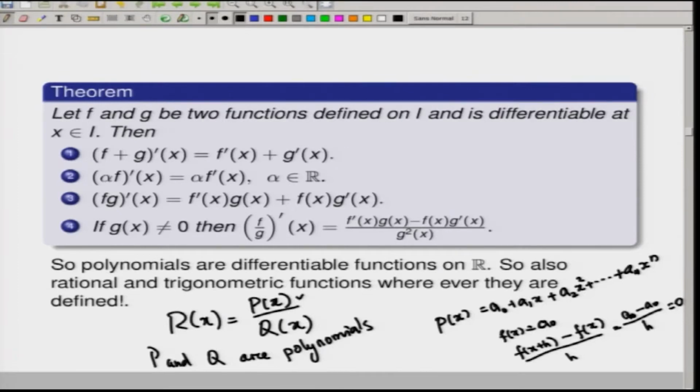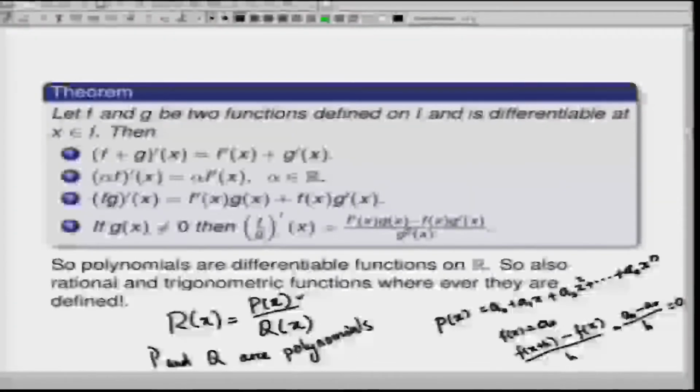Now obviously, the way we have proved that sin x is differentiable, you can prove that cos x is also differentiable. Once you prove that sin x and cos x are differentiable, then you can prove all trigonometric functions are differentiable wherever they are defined. For example, tan x, which is sin x by cos x, is defined when x is not an odd multiple of pi by 2.